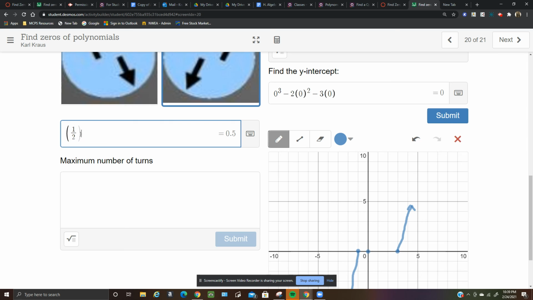So 1/2 cubed minus 2 times 1/2 squared, and then 3 times 1/2.